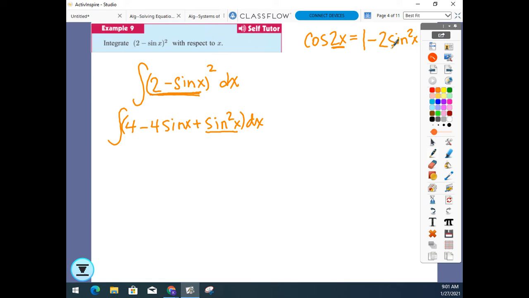All right, so I want to solve for sine squared. So I'm actually going to add 2 sine squared to the left and subtract cosine 2x to the right, because then that makes my sine squared positive. Then I divide everything by 2.